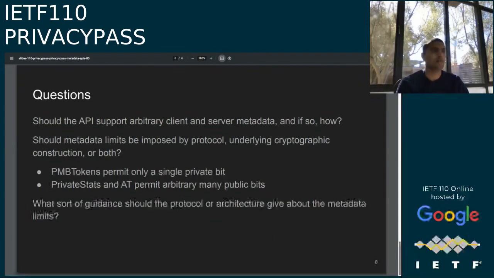For example, applications that think of metadata as strings: if you say the maximum size of metadata is 16 bits or 32 bits, then applications would have to supply some sort of mapping table from the string metadata to the small metadata sizes, versus applications using their strings directly as metadata itself.